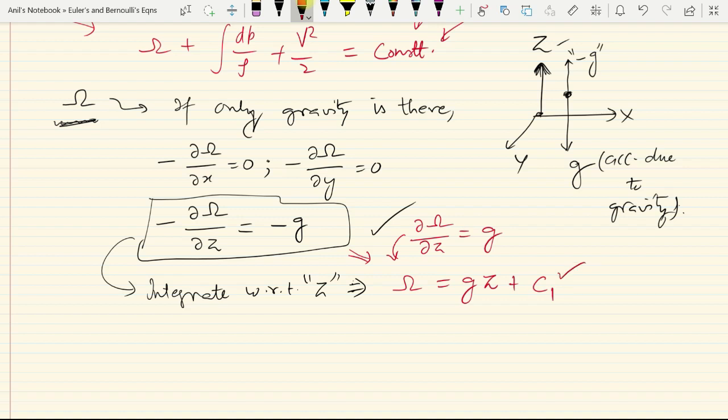And how can we get this constant? At z equal to 0, omega is 0, obviously. Therefore, c1 comes out to be 0. So therefore omega is equal to g into z.